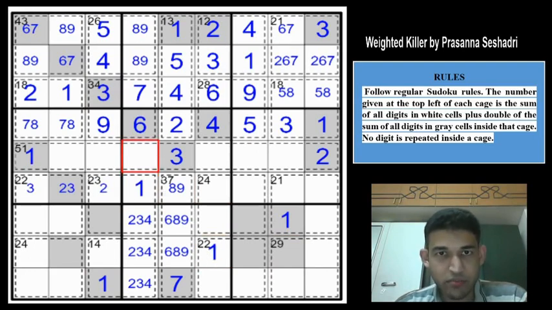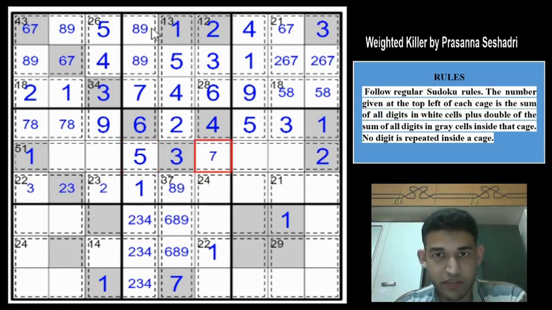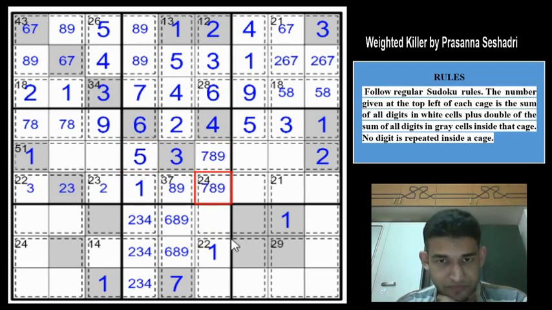Now the only possible digit left in column 4 is 5. We can place that here. So these digits must be 7, 8, 9, and this must be 7, 8, 9. And now we have a 2 from this total. We need 12 more from these 3 cells. We can either have 2, 3, 4 or 2, 4. If you have 2, 3, we place 7 here.